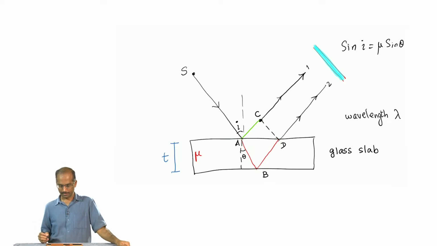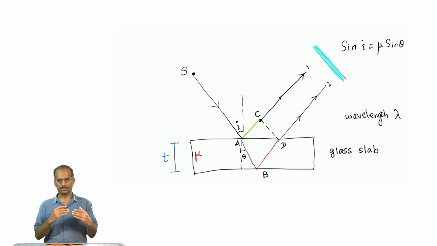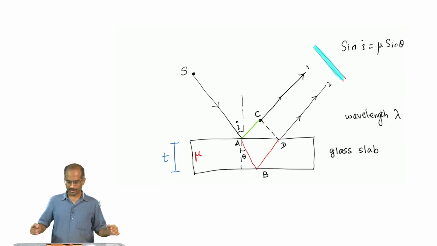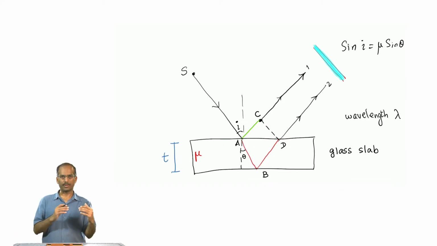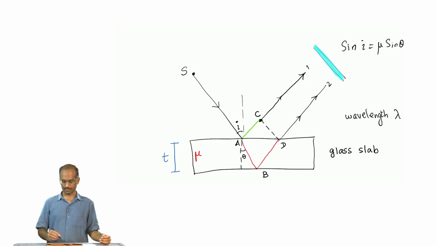As I just described, when this light hits the top surface of the glass slab, part of the beam gets reflected, and another part gets transmitted inside the glass slab, and that in turn gets reflected from the bottom surface of the glass slab. That is what is shown here in red color. The one that gets reflected at the top is shown in green color.